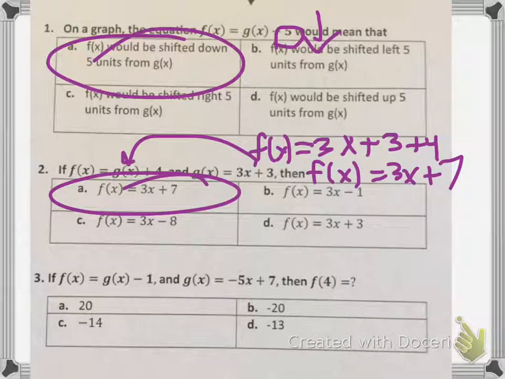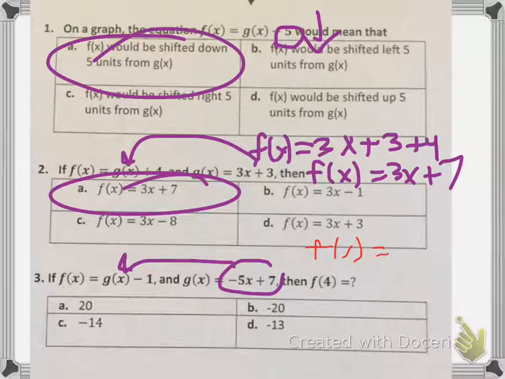Then there's our last problem here. If f of x equals g of x minus 1 and g of x is this, then find f of 4. So I got to plug g of x in over here first. So I'm going to have f of x equals negative 5x plus 7 minus 1.